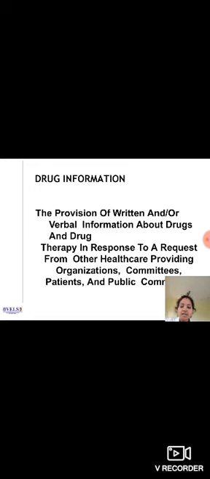WHO is developing drug information centers to promote the rational use of drugs. Drug information is the provision of written or verbal information about the drug and drug therapy in response to a request from other healthcare organizations, committees, patients and the public.